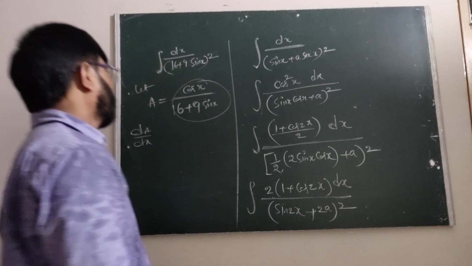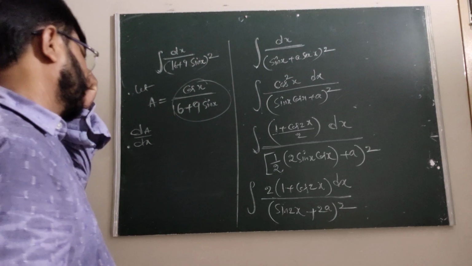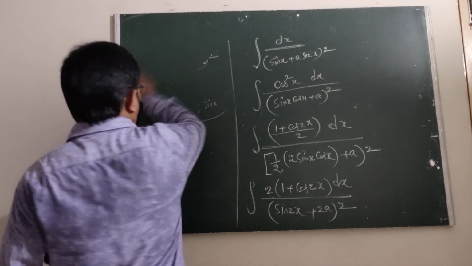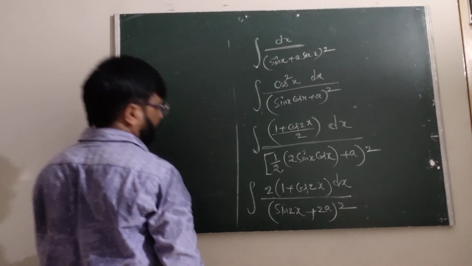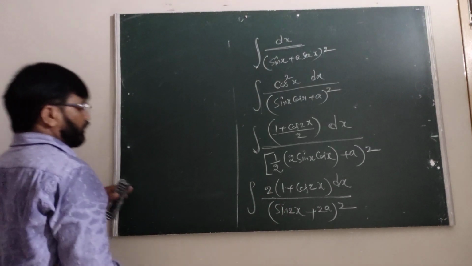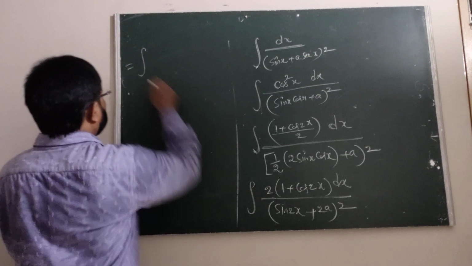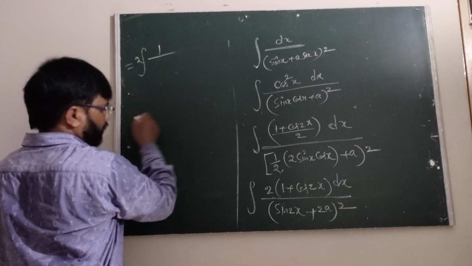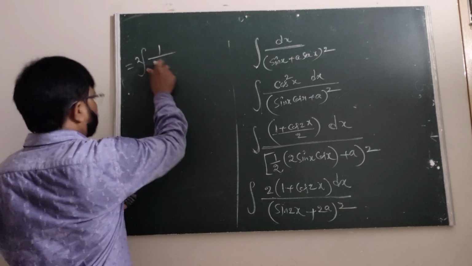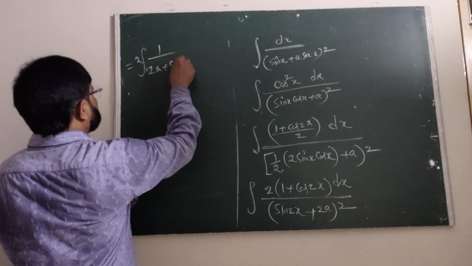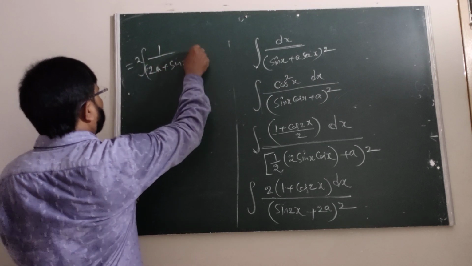Is it clear? Here, all of you listen carefully. How to write this one: first you can write this as 2 into 1. Therefore the integral is 2 into 1 upon sin 2x plus 2a whole square.